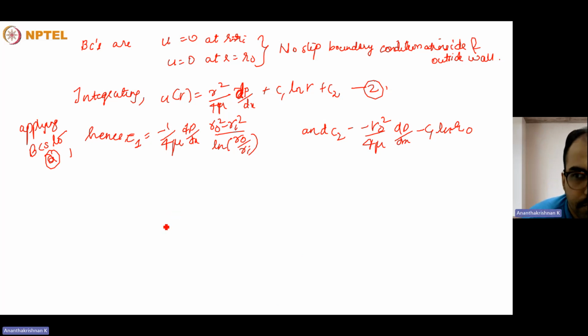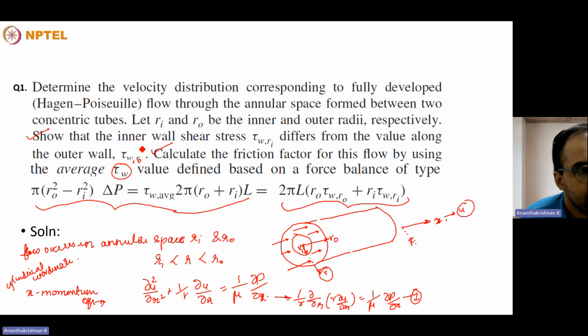So in this particular case, what we are asked to find is that the inner wall shear stress and the outer wall shear stress are different. So we have to calculate the value of the inner and the outer wall shear stress.